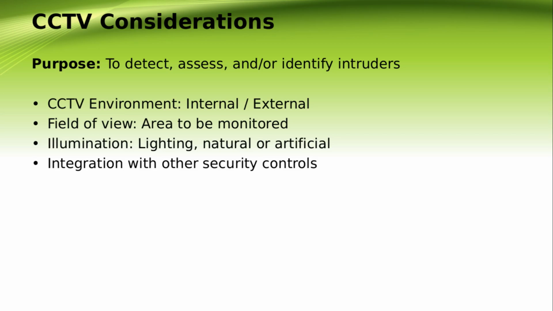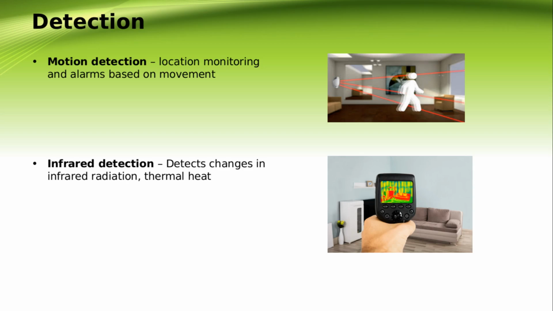So let's move on to the next topic. Detections. There are two types: motion detection and infrared detection. The main purpose of the motion detector is to provide security against intruders by alerting security personnel to an unexpected presence or suspicious activity on the company premises.